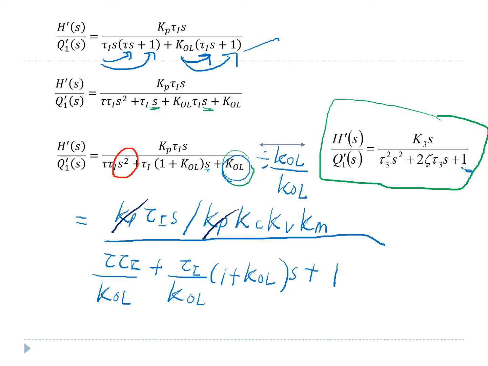Okay, now the equation is in the standard form. Now you can compare these two equations so that you can find the expression of K3 and tau 3 as well as the epsilon value.